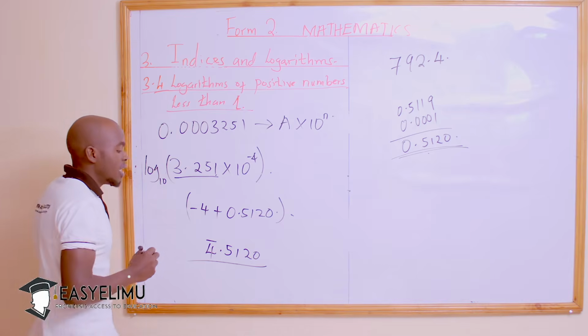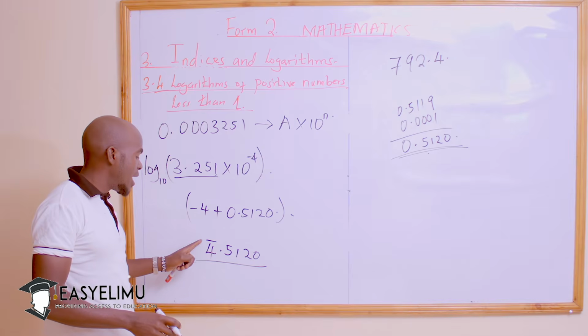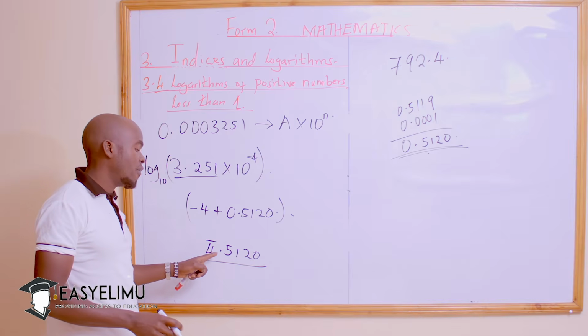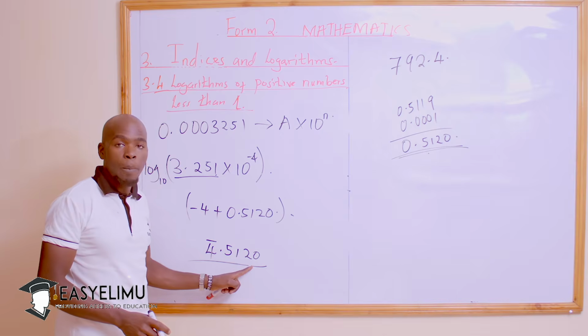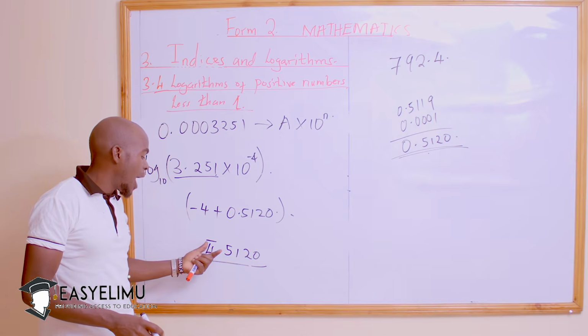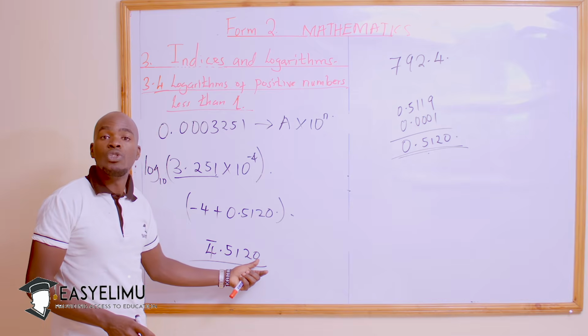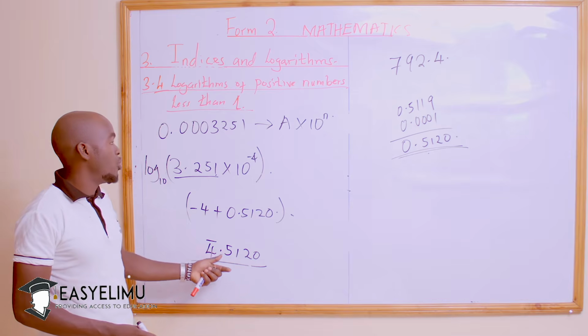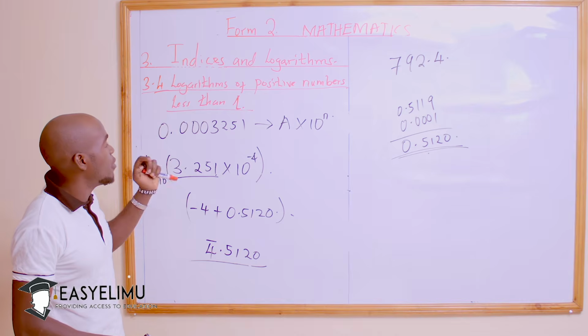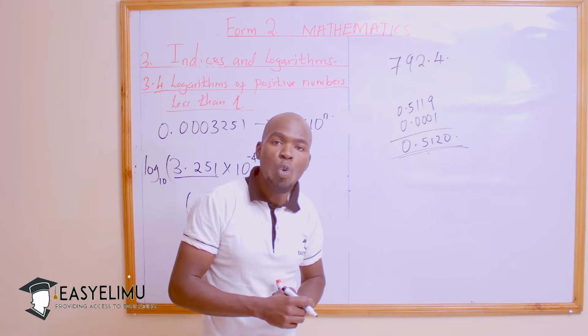This means that the logarithm of this number is this, but only the characteristic part is negative and the mantissa part is positive. And this number is read as bar 4.5120.